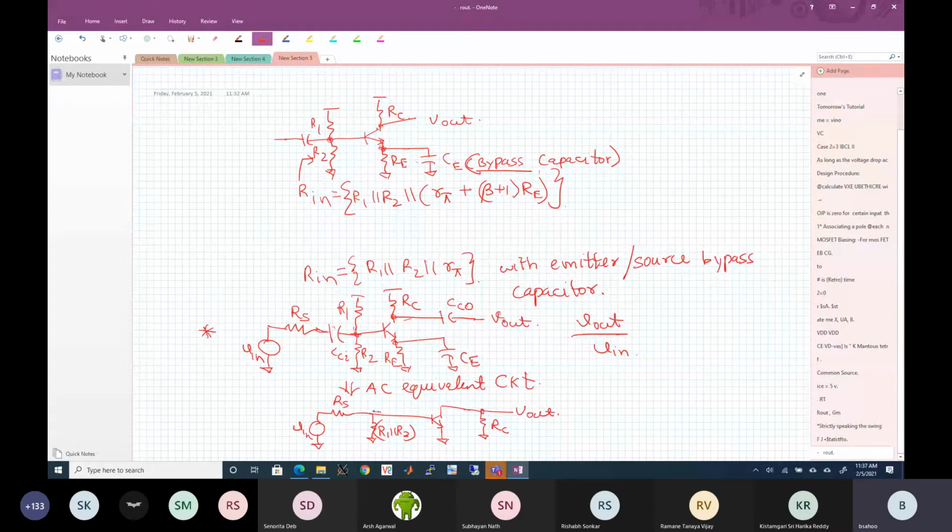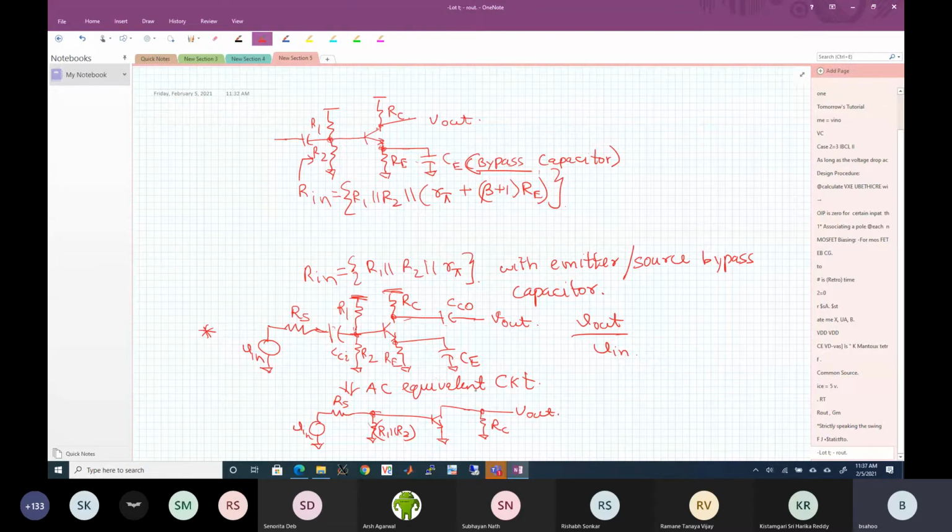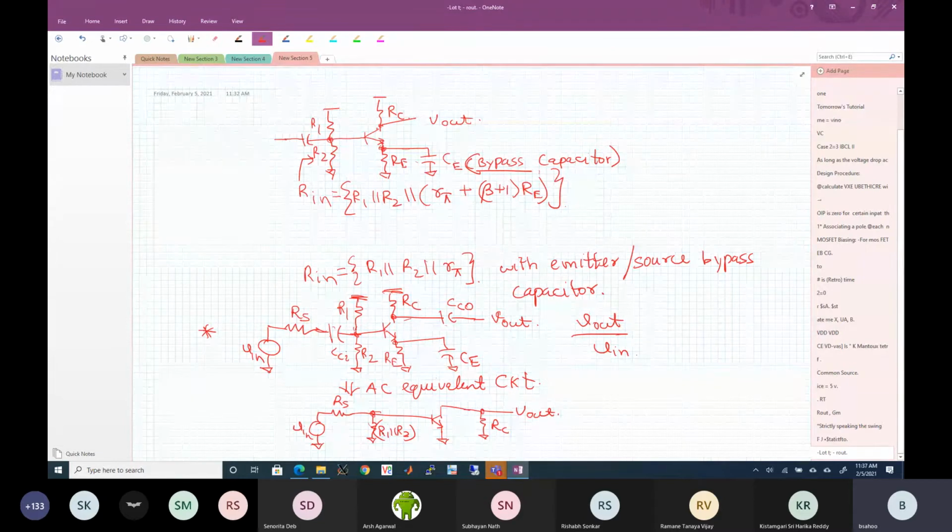What did I do? All capacitors, I shorted them. This DC voltage is connected to ground, so R1 comes in parallel to R2, and this RC also comes like this. So this is my AC equivalent circuit of this.